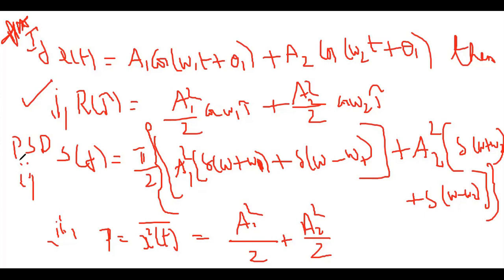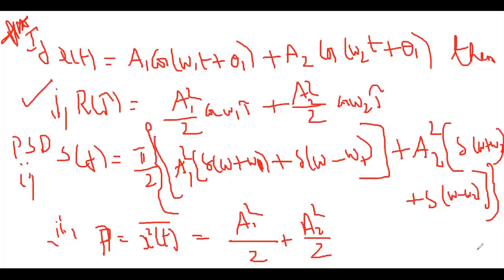Using this, you can find out the power spectral density and the power P. So what is the relation between R of tau and power spectral density? It is a Fourier transformation relation, S of f. Got it, my dear students? S of f, Fourier transformation relation.